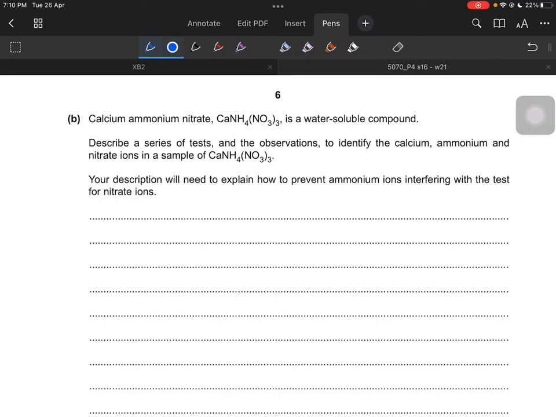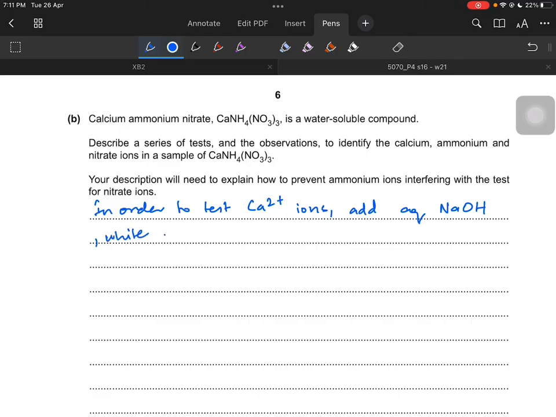So let's talk about, in order to test calcium ions, what do we add? We add aqueous sodium hydroxide to the sample, and what happens?